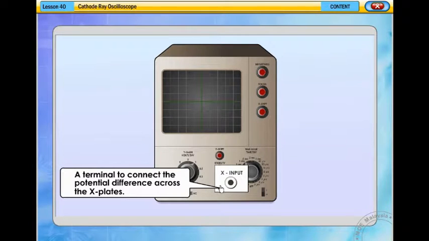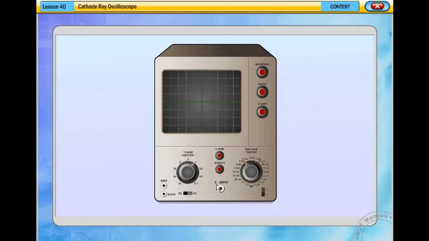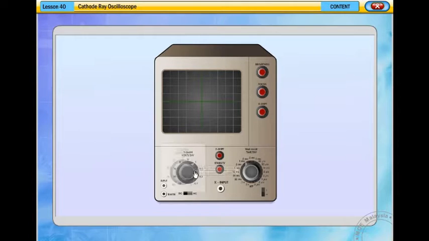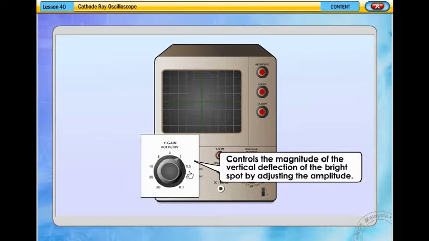X input, a terminal to connect the potential difference. Y shift, adjusts the vertical position of the bright spot. Y gain, volt per division, controls the magnitude of the vertical division.